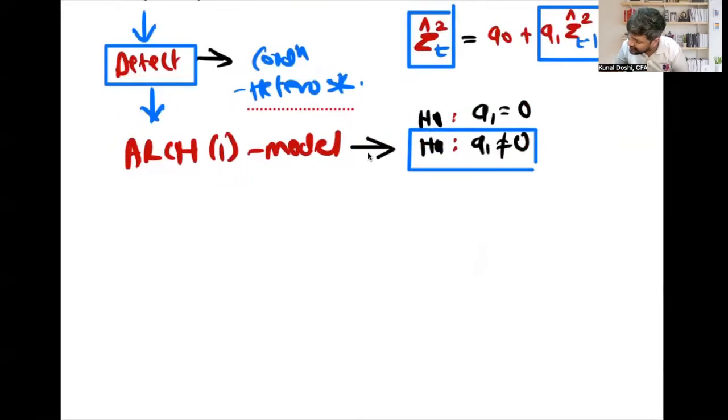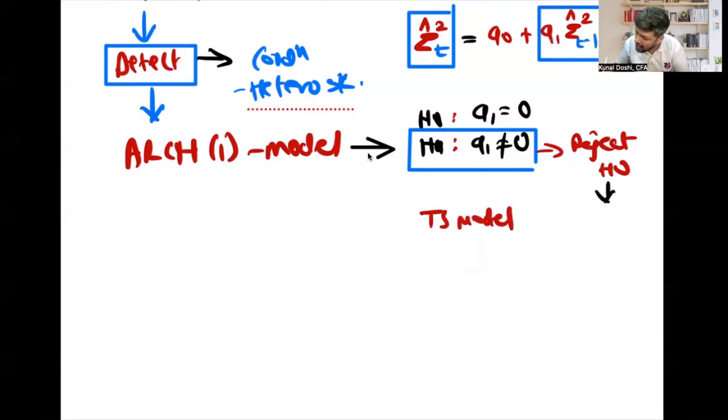If I reject the null, that means the time series model has ARCH. So my conclusion will be that the time series model has ARCH, or autoregression with conditional heteroskedasticity.